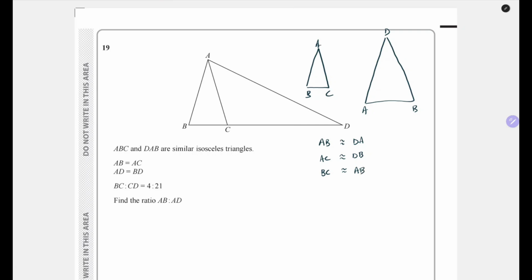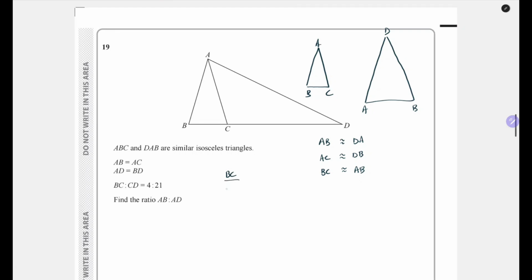And so what we can do now is use these similarities to figure out what the ratio is going to be. So we know that BC is similar to AB, and so the ratio between BC and AB is going to be the same as the ratio between AC and DB.